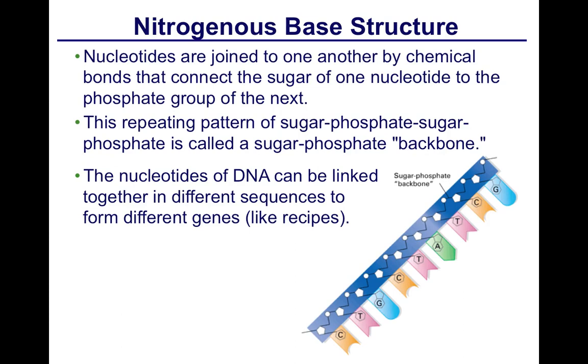So the next slide is going to show you an actual closer up picture of this, and you're going to draw it in your notes. But this is, again, that same idea. Each of these three components, the circle, the phosphate, the pentagon, which is the sugar, and then the base, represents one nucleotide. And then you can see that each nucleotide is linked together to form this long chain, which then becomes basically DNA. Okay?